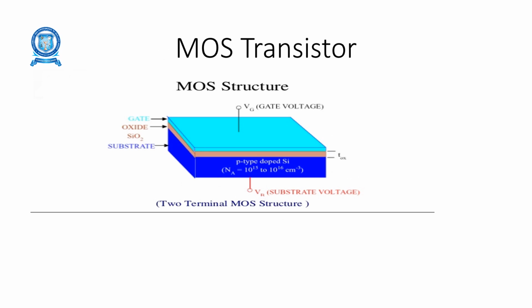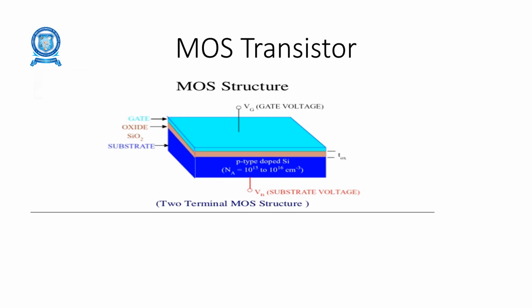Next, why we are using and why we are calling it the metal oxide semiconductor in the VLSI. MOS means metal oxide semiconductor. In the metal oxide semiconductor, we are having different layers formed using the single transistor.